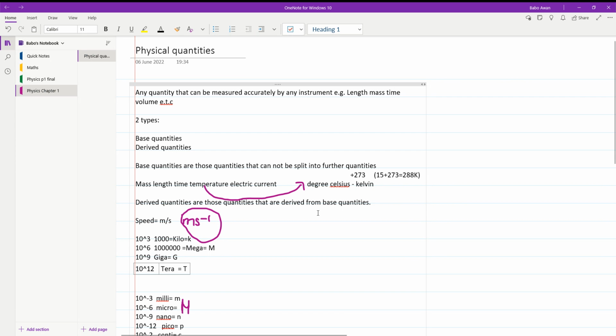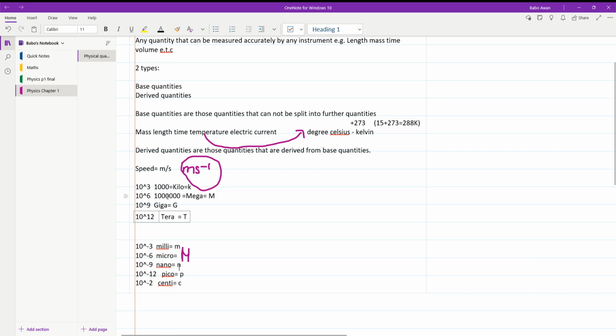And to change the units from degree Celsius to Kelvin, you can add 273 to the degree Celsius. Derived quantities are those quantities that are derived from base quantities, for example, speed, where meter per second is its unit. And then prefixes: 10 power 3, 10 power 6, 10 power 9, 10 power 12, and 10 power minus 3, 10 power minus 6, 10 power minus 9, 10 power minus 12, and 10 power minus 2 as well.